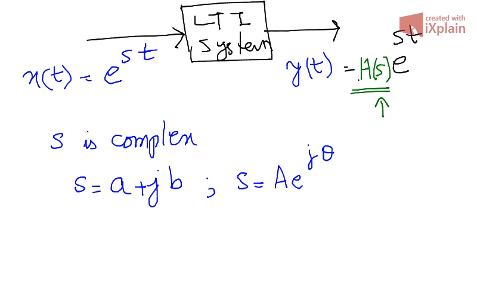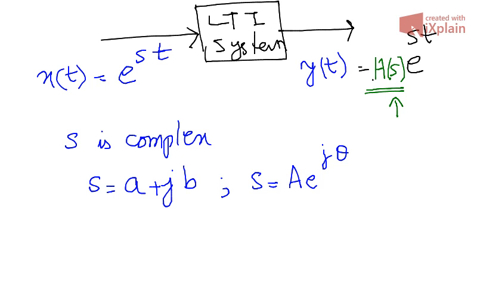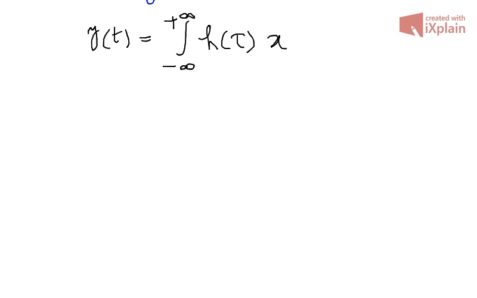Just as we have seen, if your input is x of t, you can write the output in the form of an integral. So let's try to solve an integral for this LTI system. You can see your y of t is an integral of h of tau and x of t minus tau d tau, right?